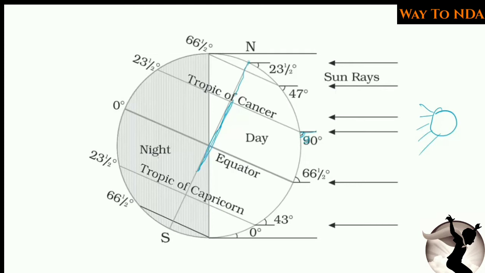So in this case the Tropic of Cancer will have more insolation, that means it will receive more solar radiation and more energy. But as we go away from the Tropic of Cancer, at the equator it is making an angle of 66.5 degrees.